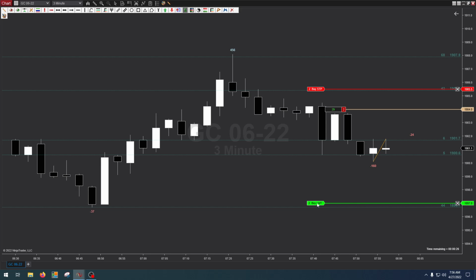I always put my target just prior to a level, because there's lots of times where the price can come down, you get 1 or 2 ticks from the level that you're trying to reach, and then it rotates. This way it'll take me out if it does that. At least I hope.